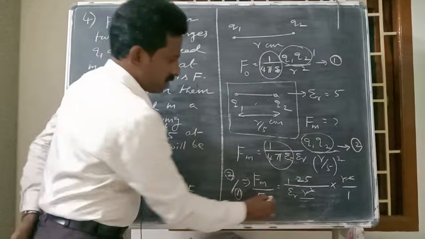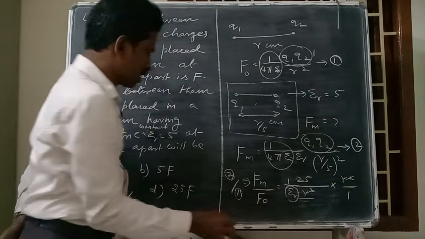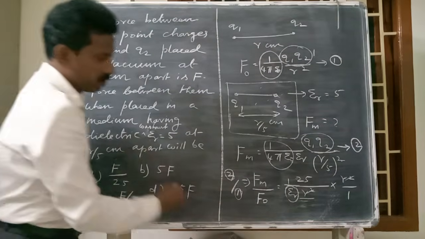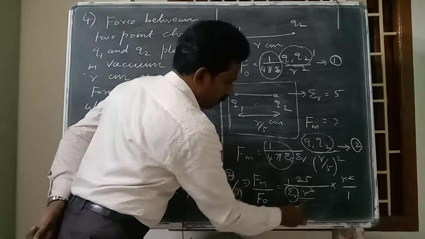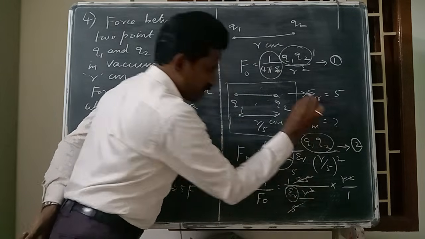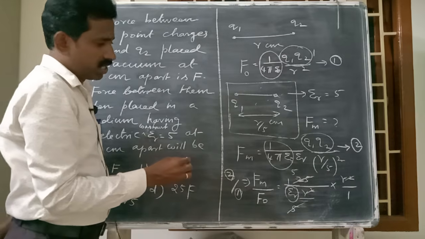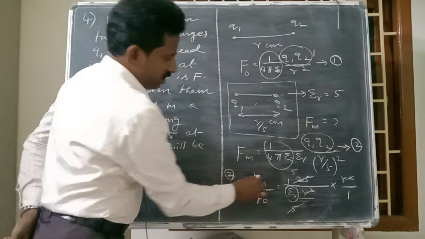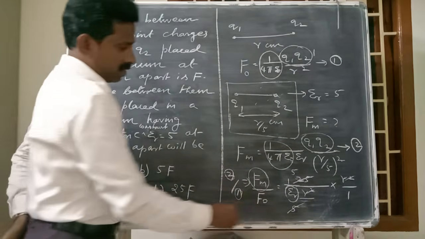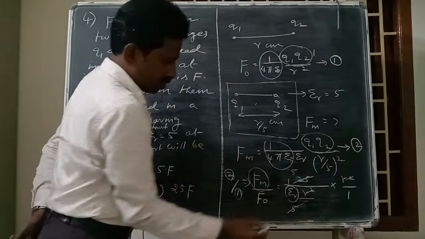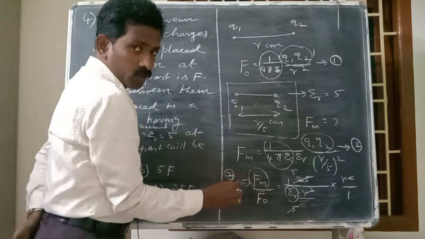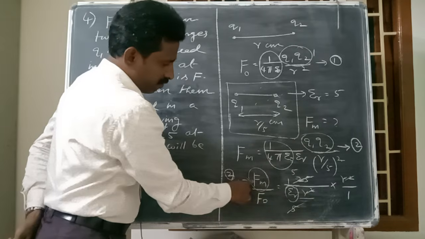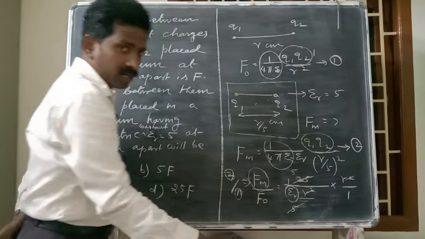What is the value of epsilon r? Epsilon r value is given in the question, 5. So instead of epsilon r, we can put 5. So 5's are in 25. We want this Fm. See the right hand side, only 5 is there. So if you do the cross multiplication, you will get Fm equal to 5 times of F naught.